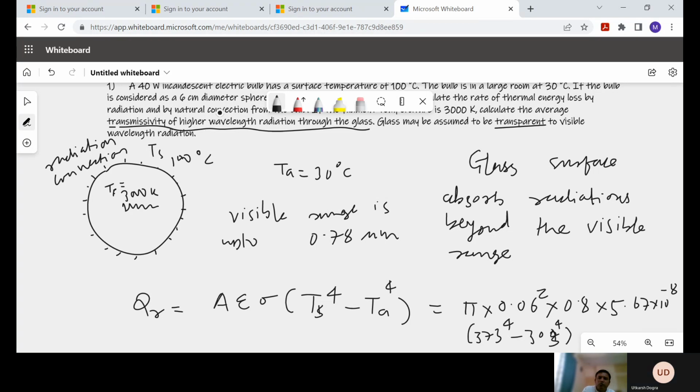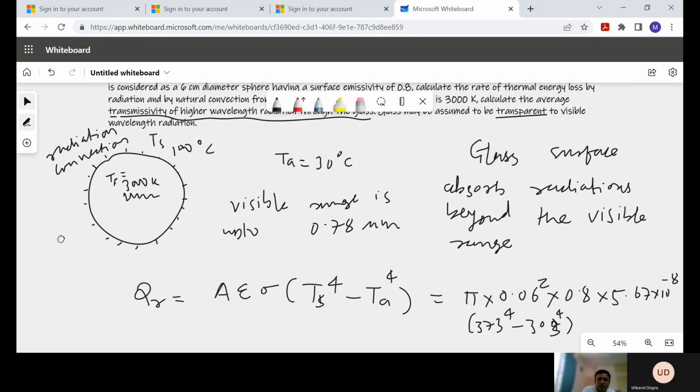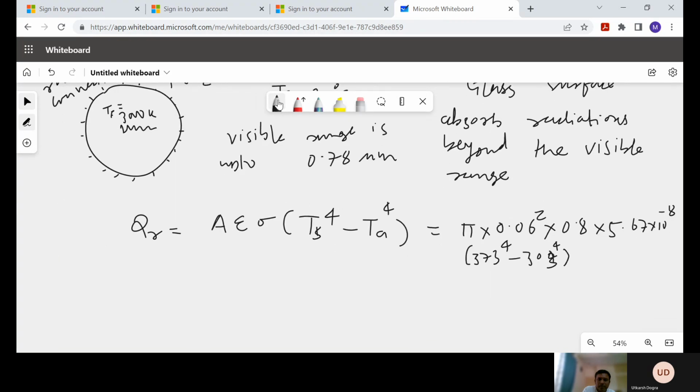So what will be the value? So this value comes around 5.6 watt. Check whether you all are getting. Okay. Is it clear? Yes, sir.